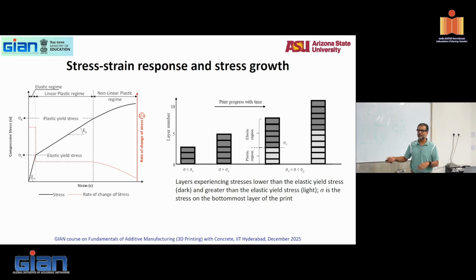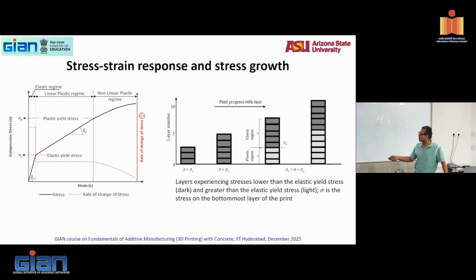There is soft material theory that shows that if you load a material very slowly, which is how you are going to be building up, right? It's going to be very slow loading, depending on your printing rate. In that very slow loading, there are theories that say that your stress-strain response, even at very early ages, is a bilinear response.